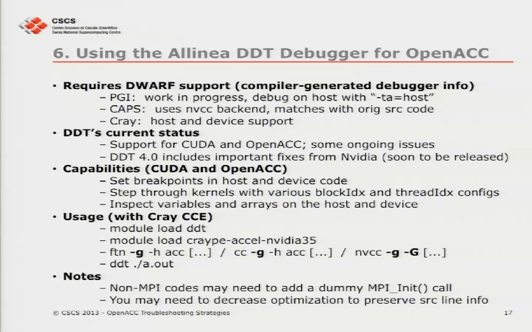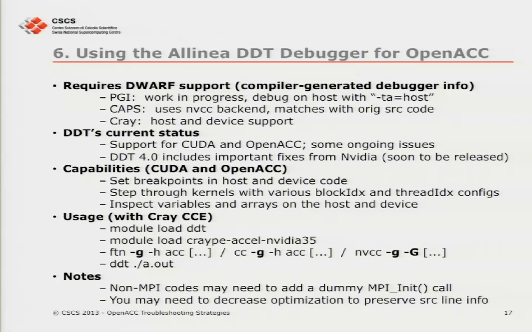On to another strategy: using the DDT debugger. We actually have this on Todi, so you can try it out over today and tomorrow on these codes. The status with DDT is that they support CUDA and OpenACC, but there are some ongoing issues that we're working through.